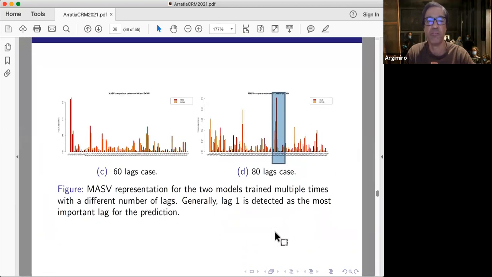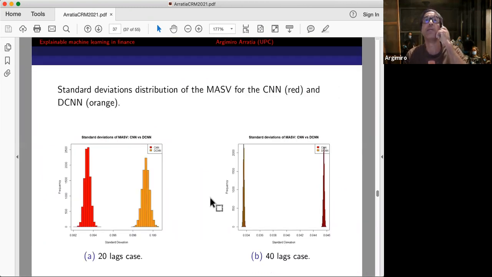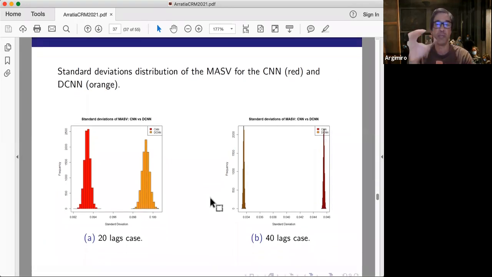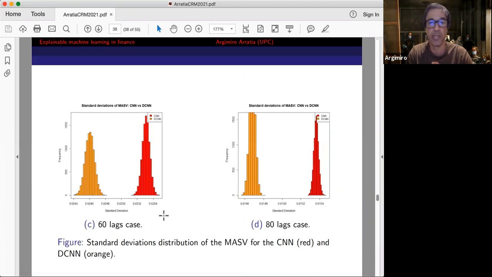That's not really reasonable. If we look at the standard deviation of these mean absolute Shapley values for the CNN and the DCNN, we see that the standard deviation for the CNN is too high, too concentrated, for each one of these lags that we tested the model.